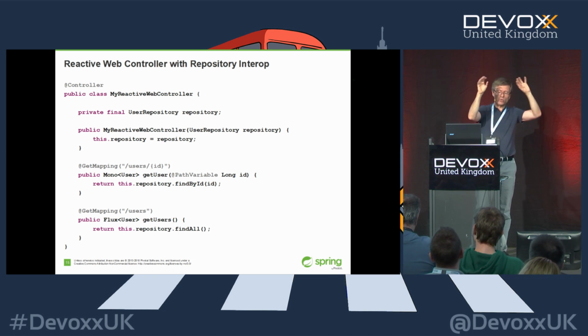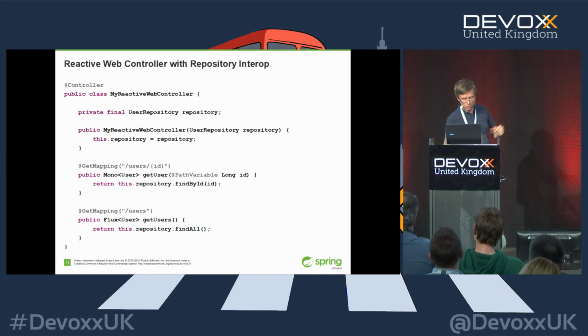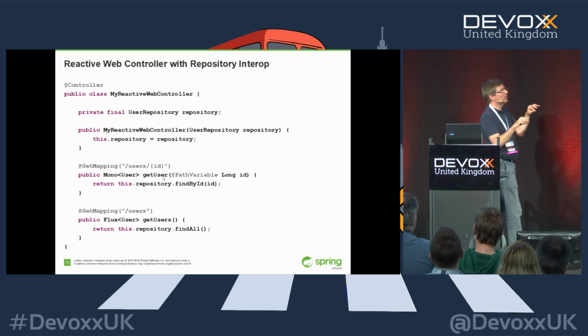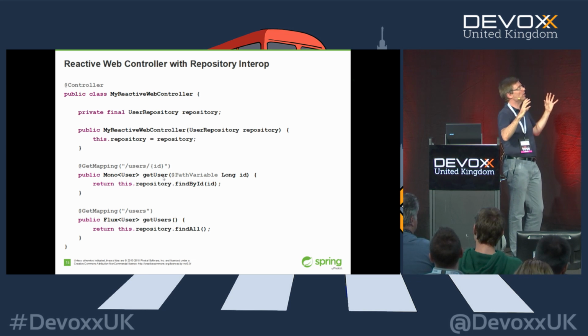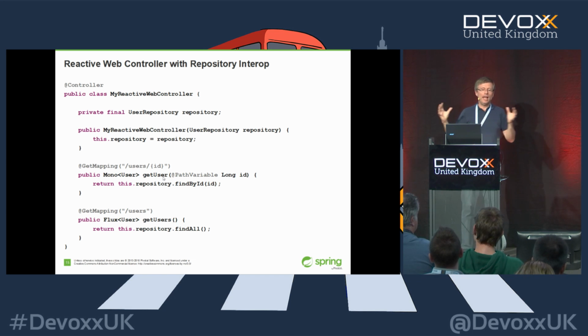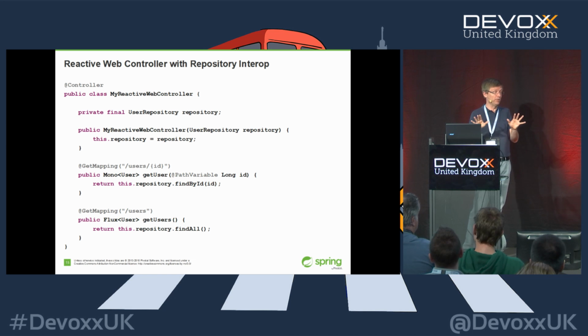The runtime system is going to dispatch an incoming request that matches this predicate to your handler method. The handler method just composes this pipeline, this set of instructions for how to arrive at this user element, and returns it. This is a totally non-blocking operation because it's just a few CPU cycles. It doesn't actually do anything.